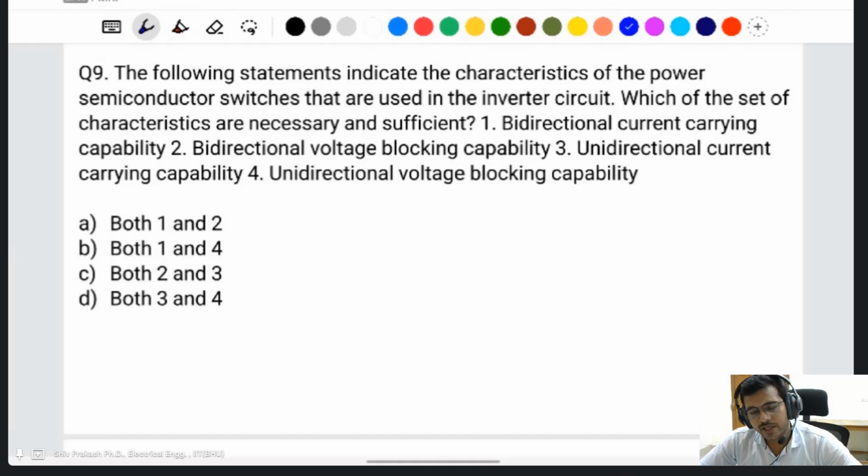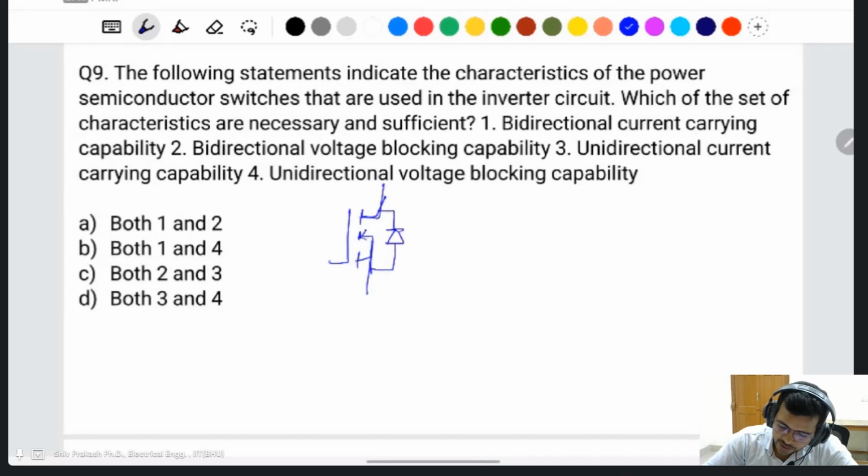You know where MOSFET or IGBT are used in the inverter. IGBT is used with an anti-parallel diode, and the MOSFET already has a body diode. We talk about the MOSFET. It has this type of configuration.